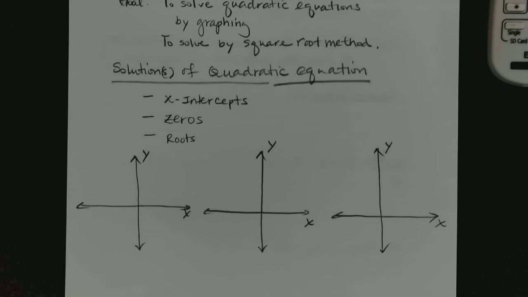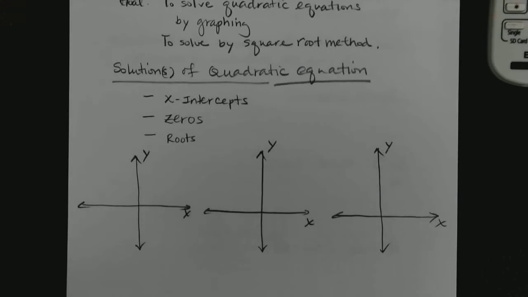When I ask you to solve quadratic equations, you're going to get either 2 solutions, 1 solution, or no solutions. Those are your only options. And I'm going to show you what makes it 2, 1, and 0 solutions.